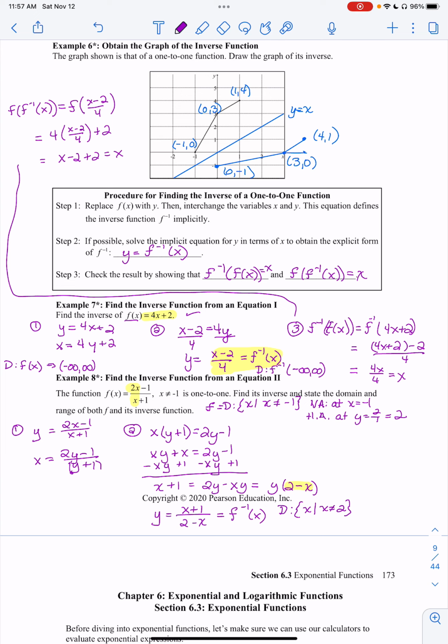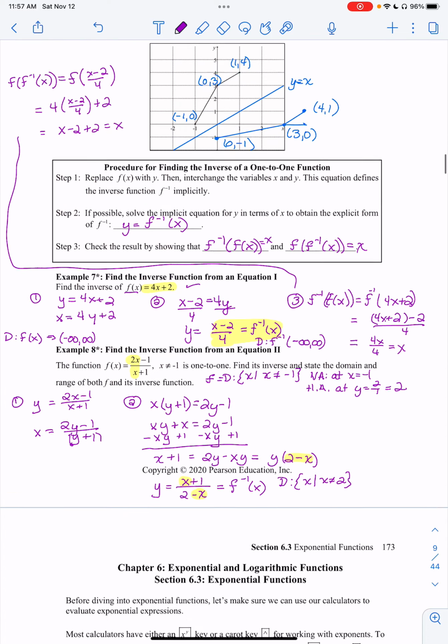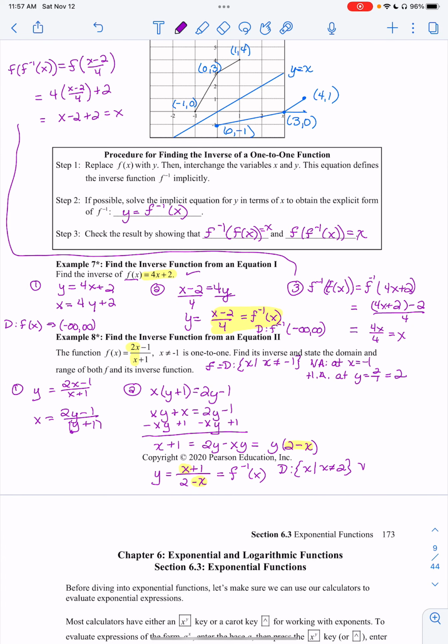And if I look at a horizontal asymptote, you'll notice that we have this x and a negative x, so I'm going to have a horizontal asymptote. So there's a vertical asymptote here at x equals 2.